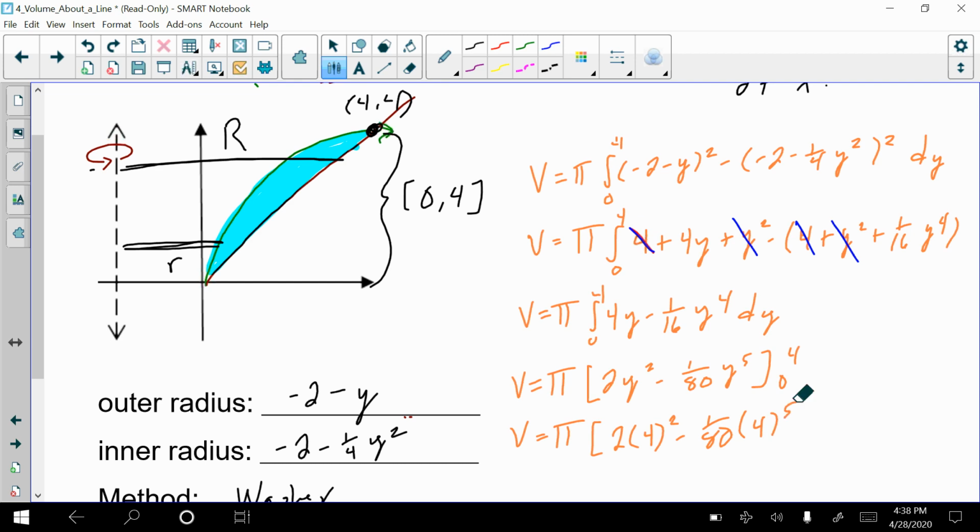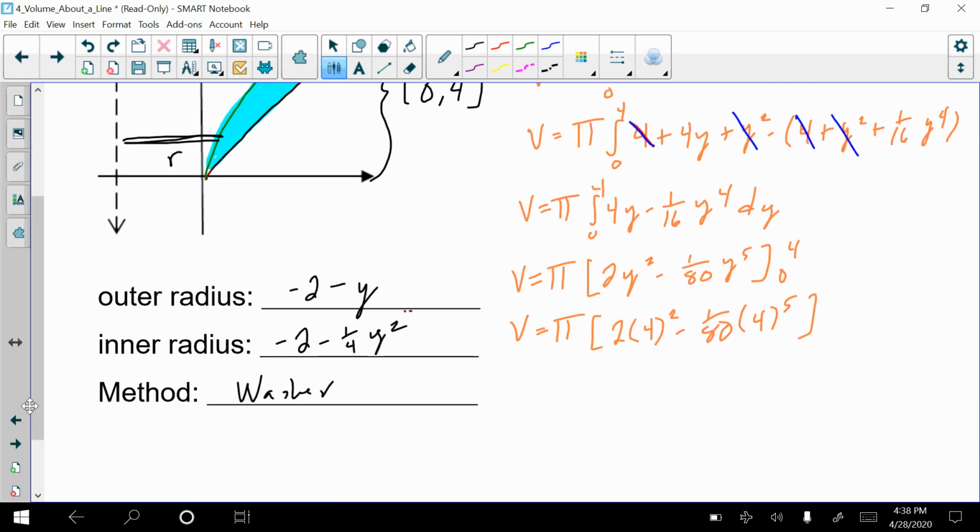And then, of course, substituting 0 into either of those won't give me anything, so we can close up the parentheses there. And here, 2 times 16 gives me a 32. 4 to the 5th power is going to be some number I don't remember, but I have it written down as 64/5.